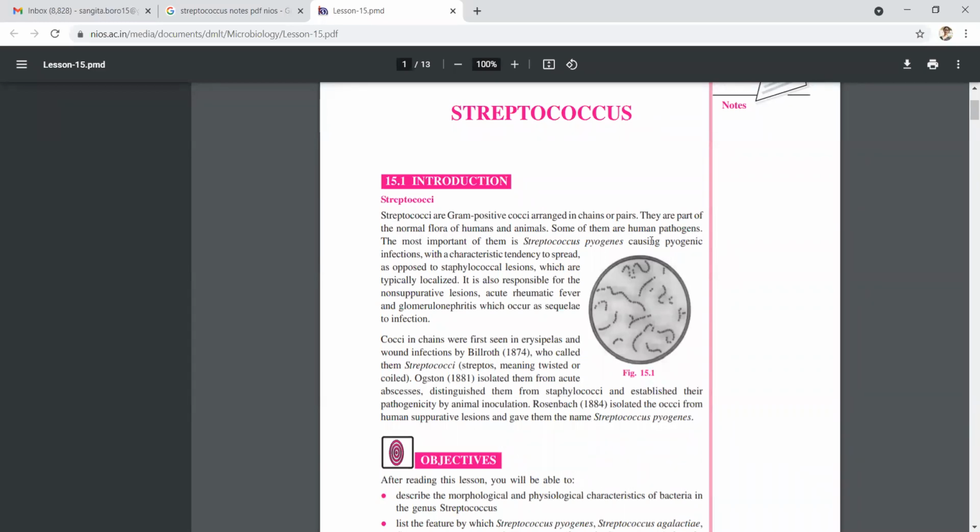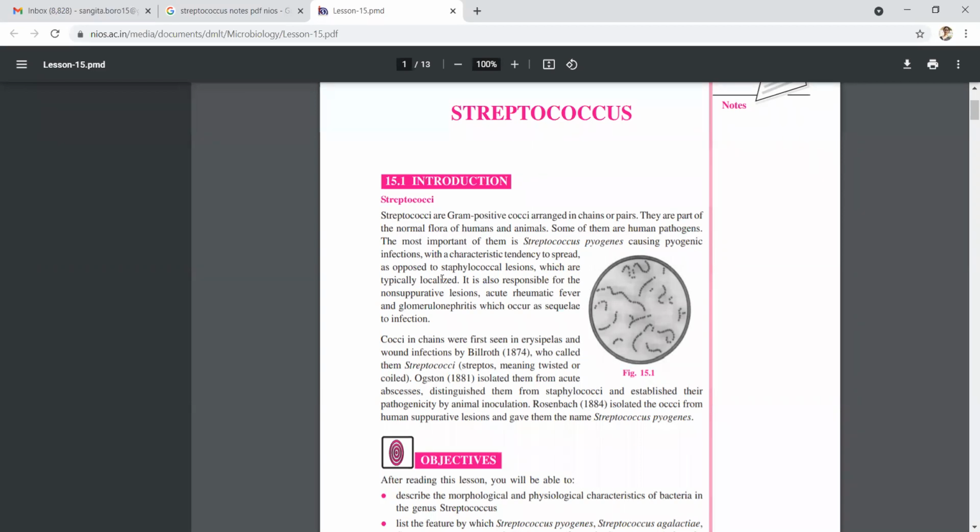This organism is part of the normal flora of humans and animals. Some of them are human pathogens. The most important of them is Streptococcus pyogenes, which is responsible for causing pyogenic infections with a characteristic tendency to spread, as opposed to staphylococcal lesions, which are typically localized.